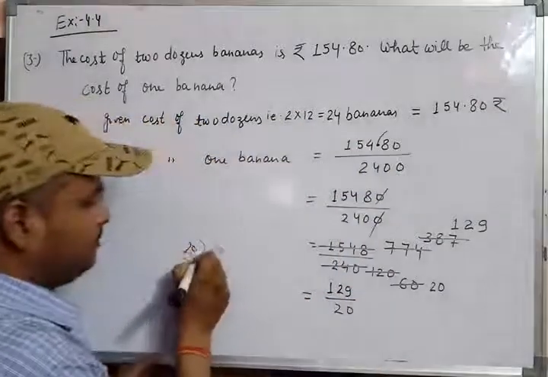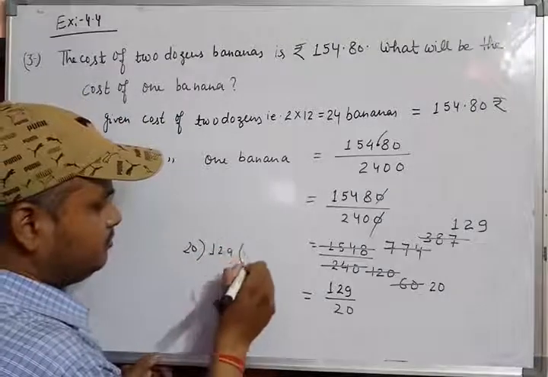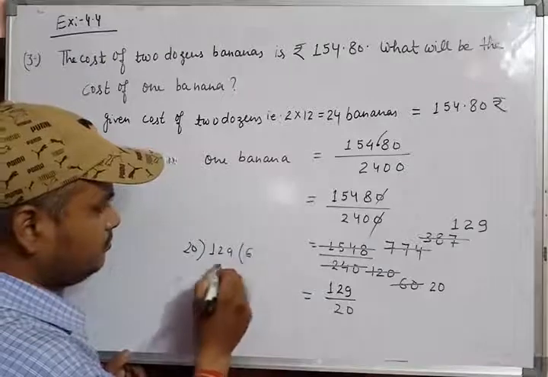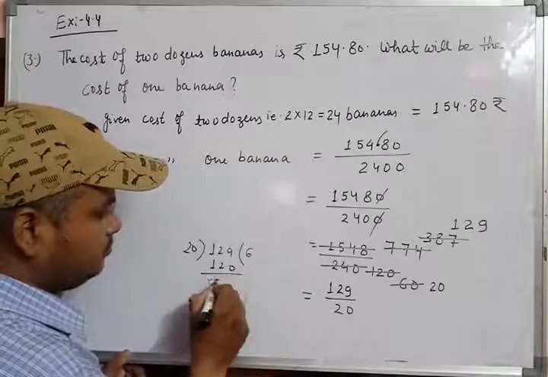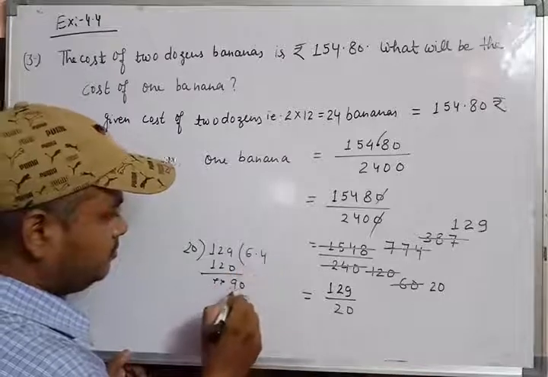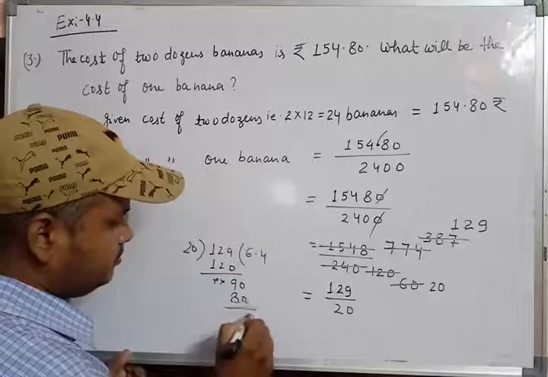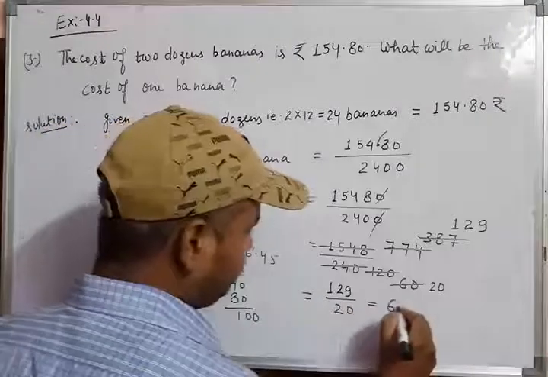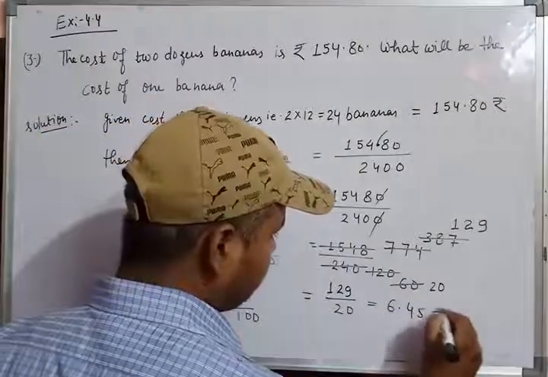Now we have to divide 129 by 20. Then we can write 9, 20 80, 6.45. This is the answer.